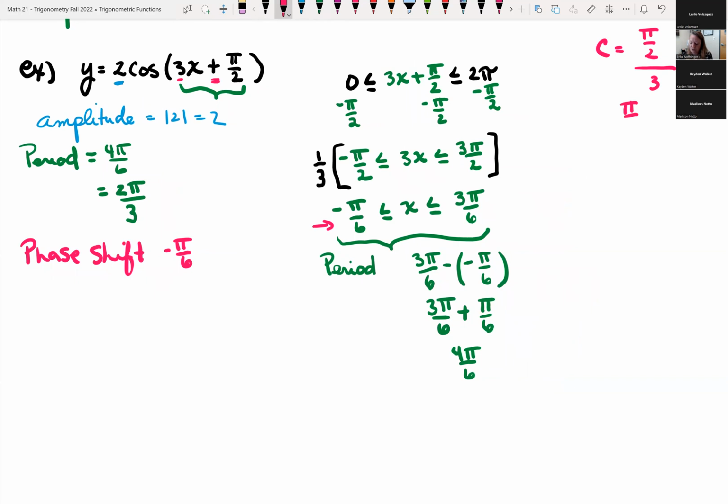The form was bx minus c, so in here this would be a minus and negative pi over 2. So this would be negative pi over 2 divided by 3, which is the same thing as multiplying by the reciprocal, times 1/3. So negative pi over 2 times 1/3 is our negative pi over 6 here.